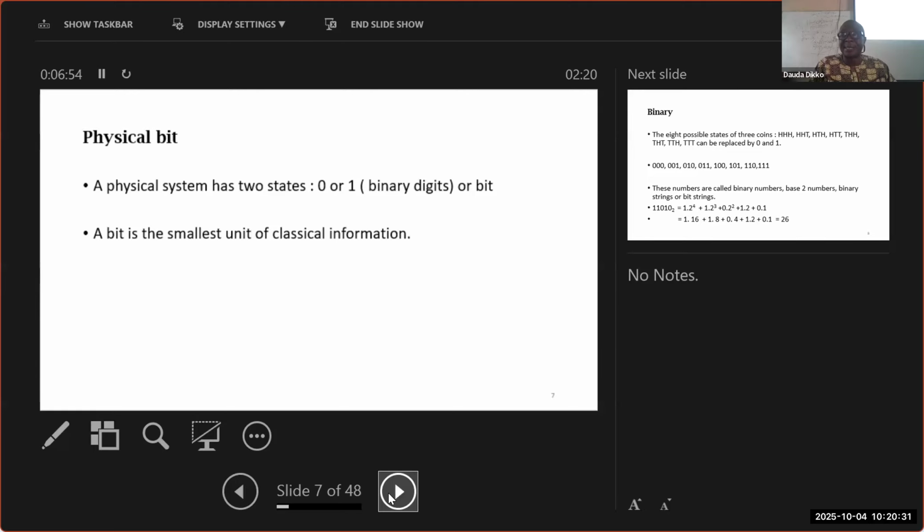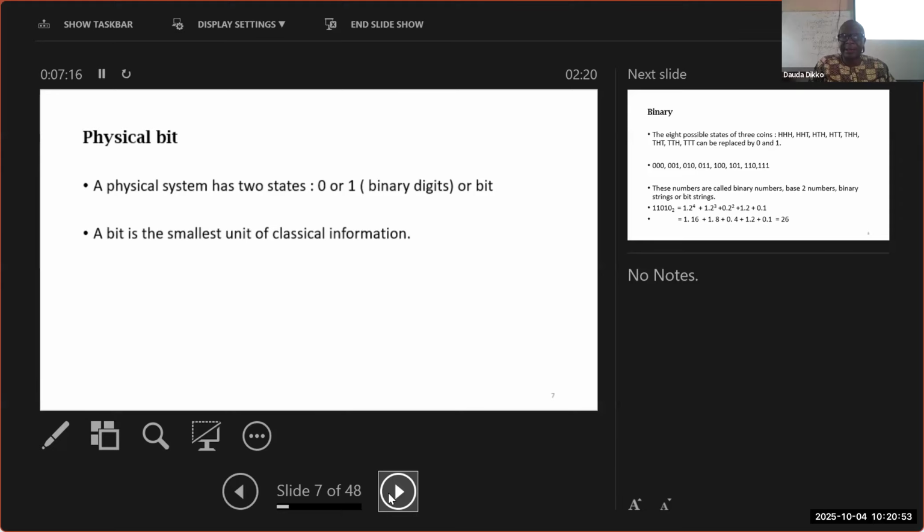So the physical system usually has a binary digit represented by 0 and 1. The binary digit is now abbreviated as bit. It means that a bit is the smallest unit of classical information.